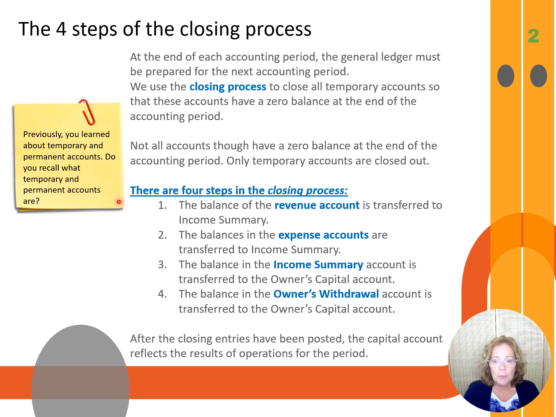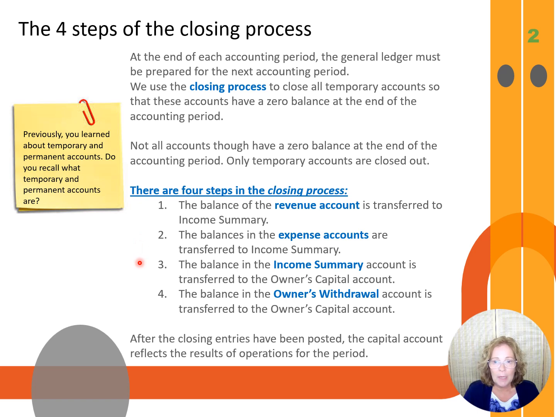So what are those 4 steps in the closing process? First, we'll close all revenue accounts and those income statement accounts that have credits to an account called income summary. Step 2 is to close all expense accounts and all other income statement accounts with debits to the account income summary.